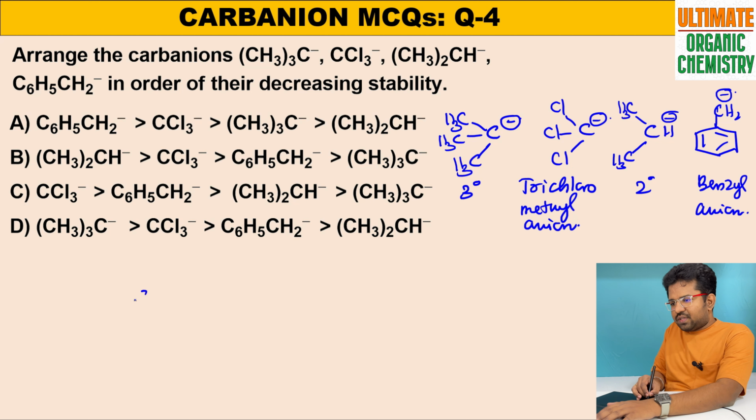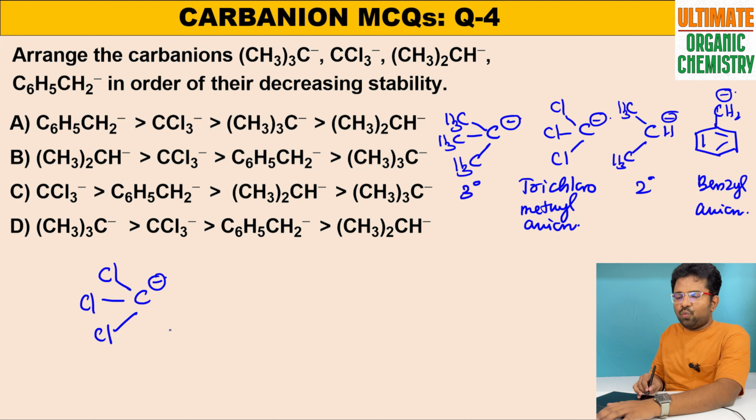Let me explain here. The trichloromethyl anion is the most stable in this case. Why? Because this carbon is connected to 3 chlorine atoms which are more electronegative in nature. So that means it will withdraw the electron through minus I effect. That is one reason.